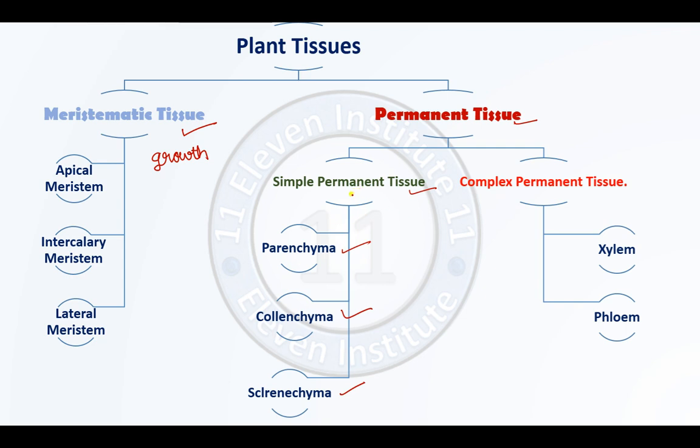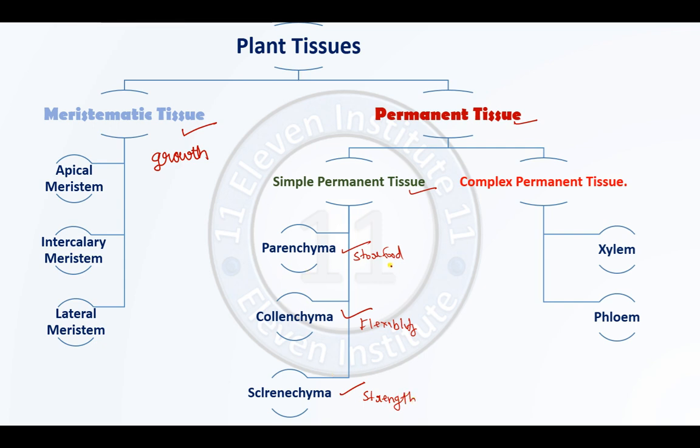In the same way, the simple permanent tissues have different roles. The main role of parenchyma is to store food. The main role of collenchyma is to provide flexibility to the plants, and the main role of sclerenchyma is to provide strength and rigidity to the plants.